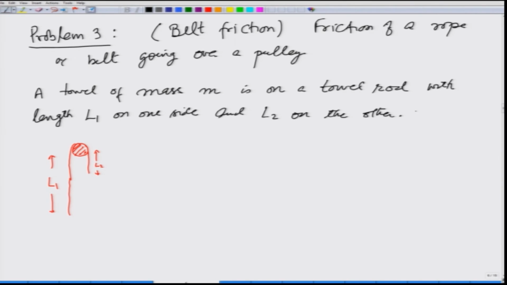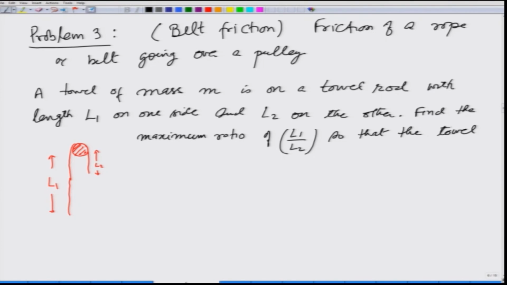Find the maximum ratio of L1 by L2 so that the towel does not slip off the rod, which you saw just now.